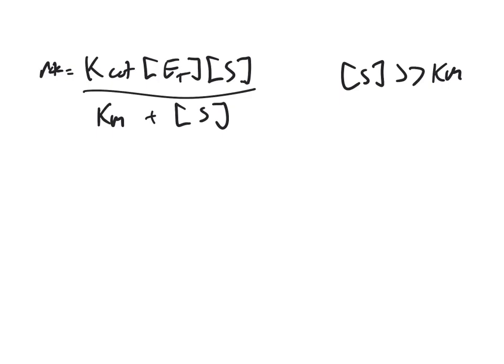So if you think about it, if substrate concentration was 10,000 and Km is 1, the difference between having Km there and not having Km there is less than 0.1% difference between those two numbers, so it's essentially negligible. So at that point, you can cross out Km here, and now we're just left with the equation shown here.